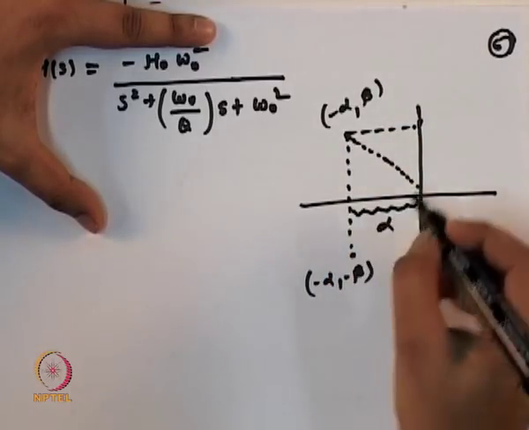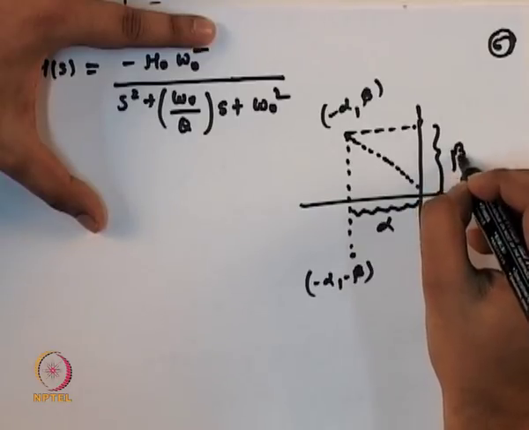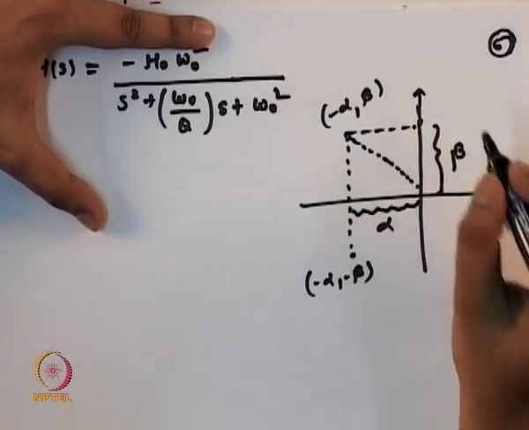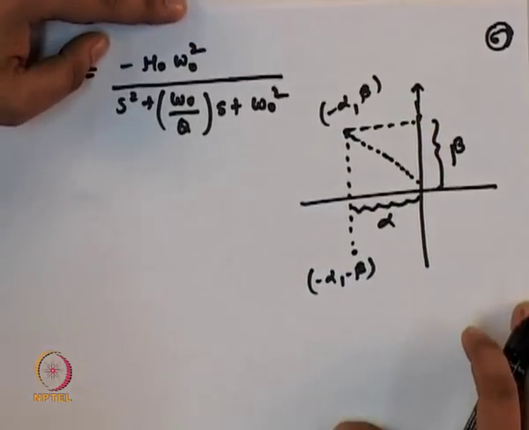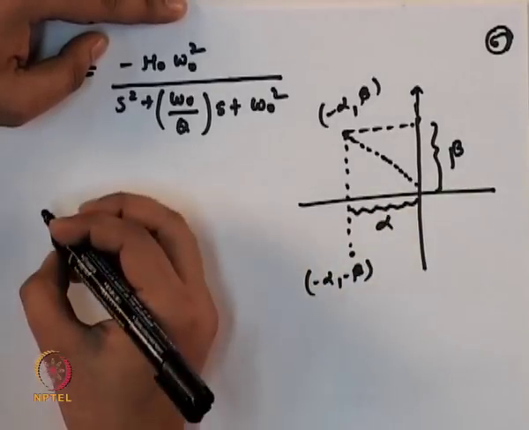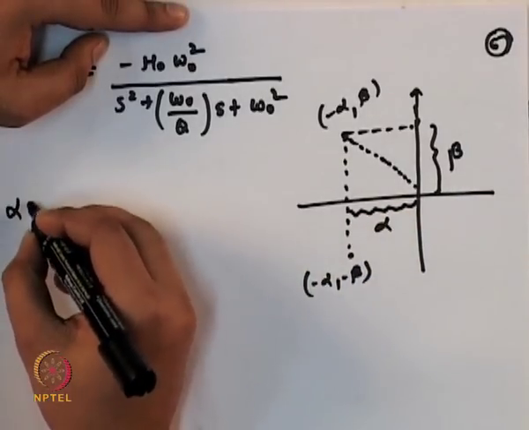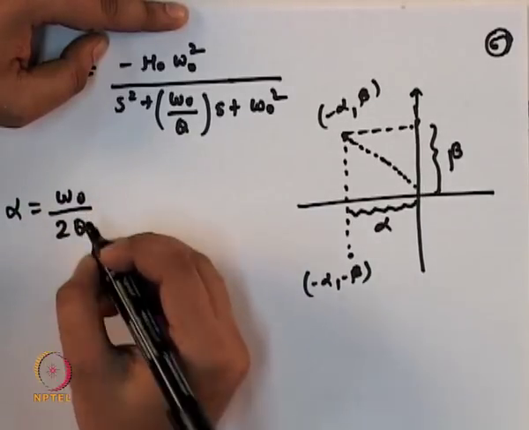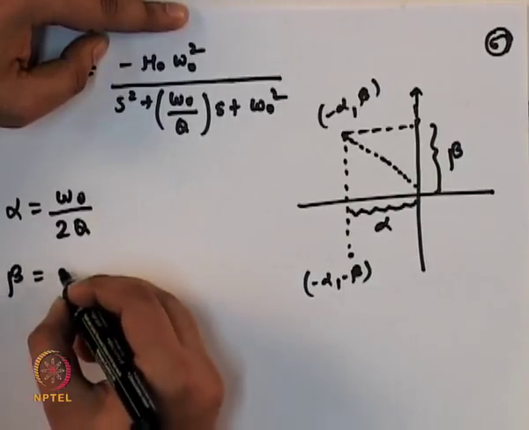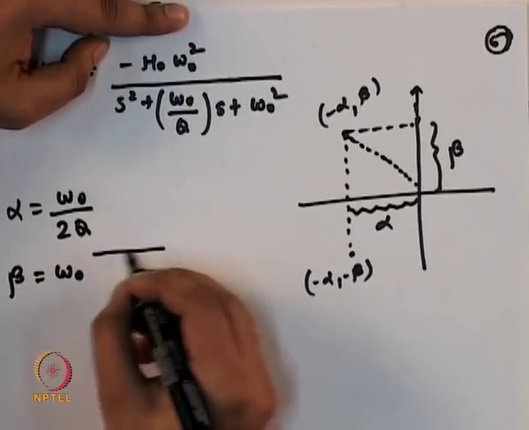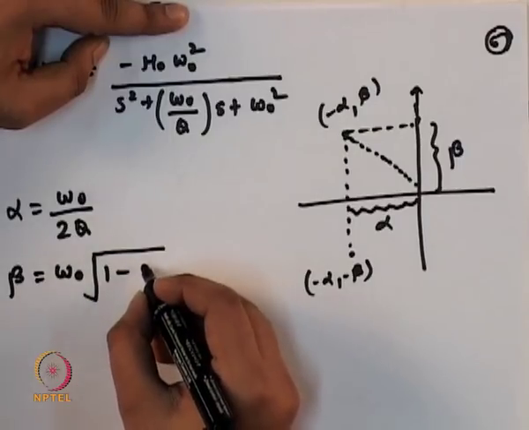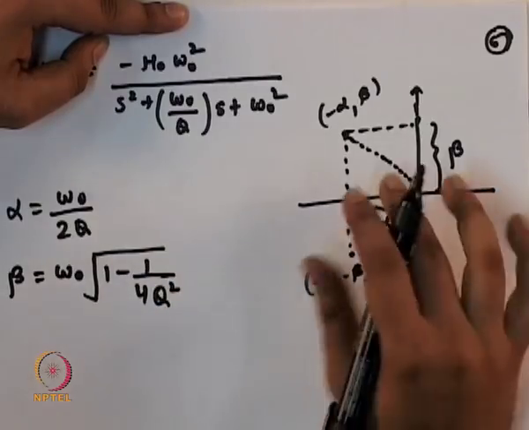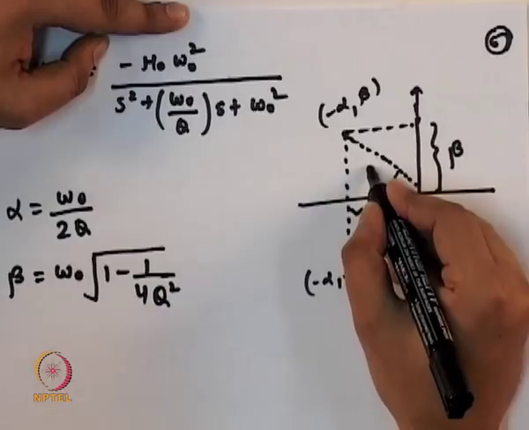This distance will be alpha, this will be beta. We can prove that alpha equals omega naught upon 2Q and beta equals omega naught times the square root of 1 minus 1 upon 4 Q square. You can prove this relation from this arrangement.